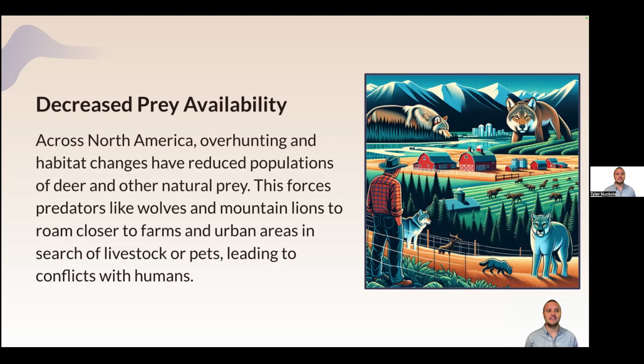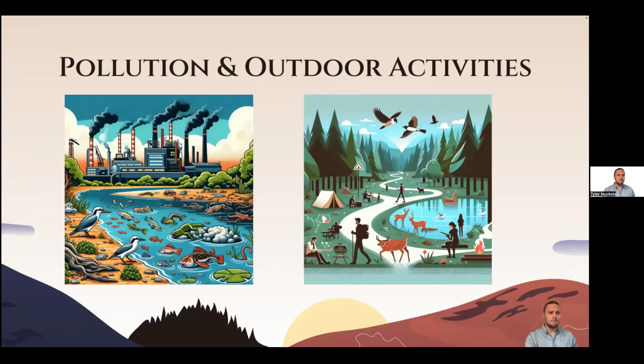But this is a very serious one, and one that is often heavily studied and considered in ecology and biology in terms of addressing human-wildlife conflicts in those disciplines. Pollution and outdoor activity, again, is it an ecological cause? Social ecological, right?